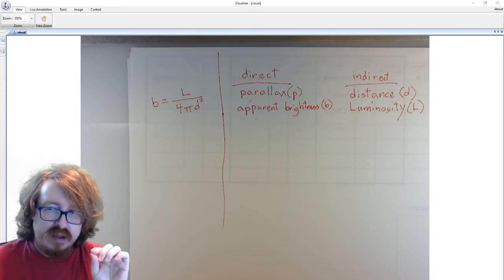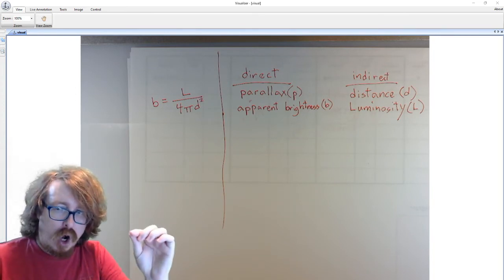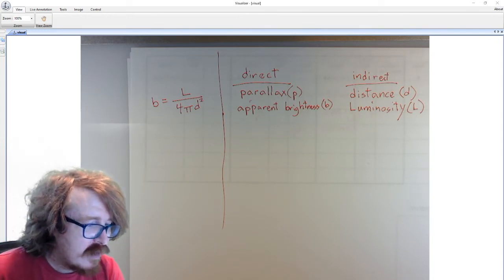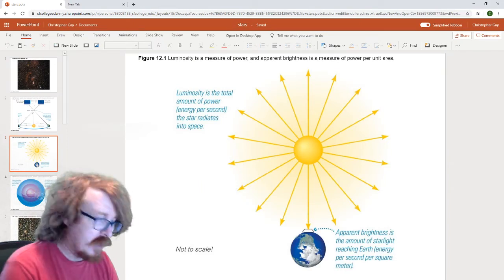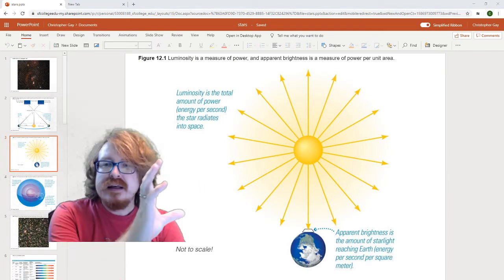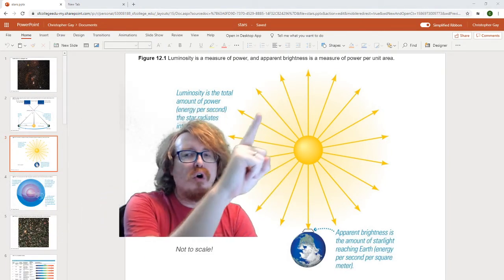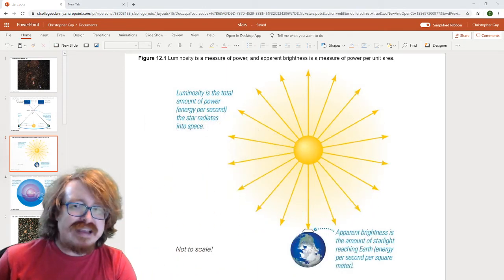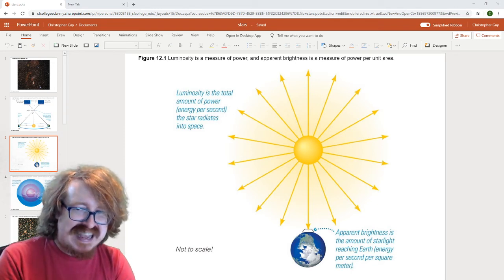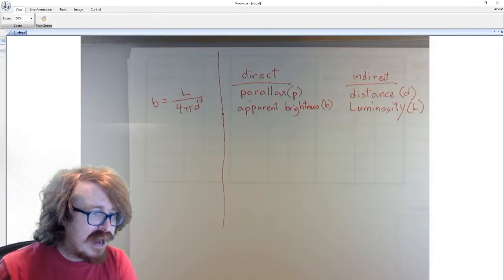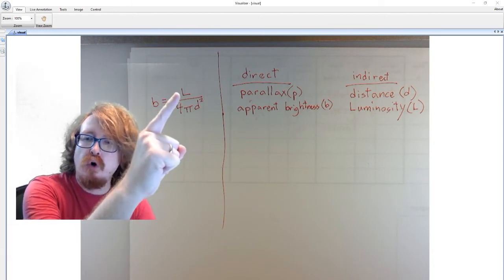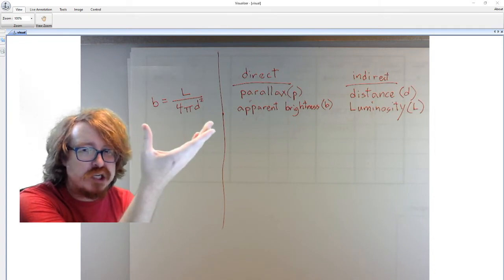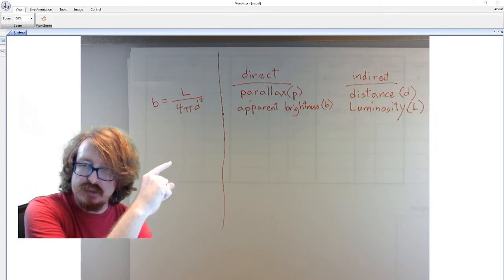And remember, in the picture, I said that the light of the star, the luminosity of the star, is spread out over the surface of a ball, right? So that's why the equation for the brightness you see is the luminosity over the surface of a ball. So it's kind of putting into an equation the words we were saying, okay?